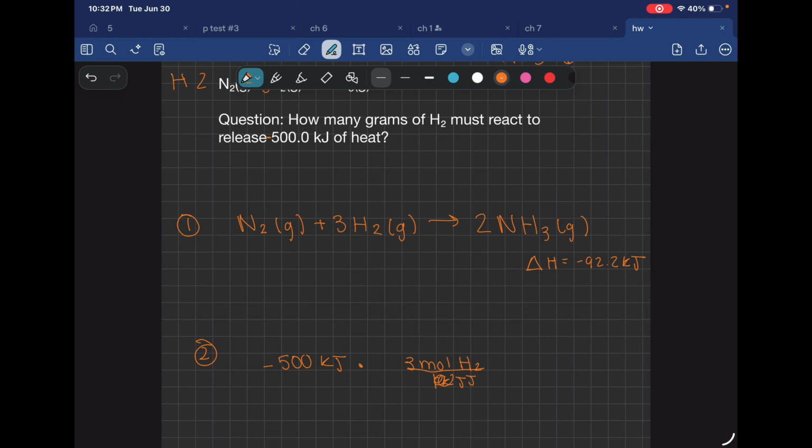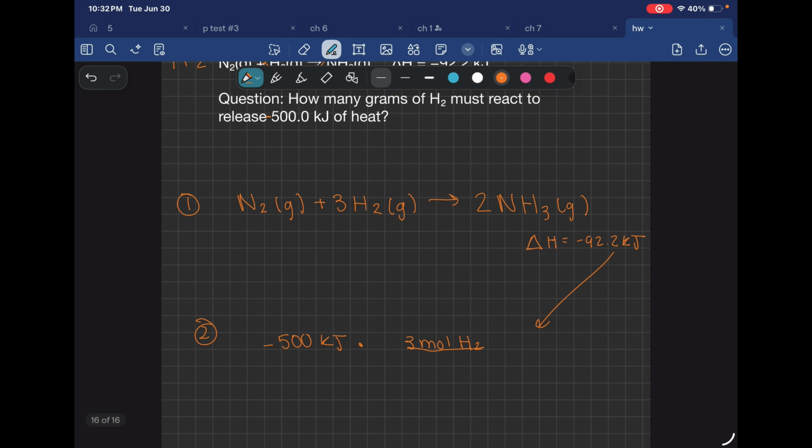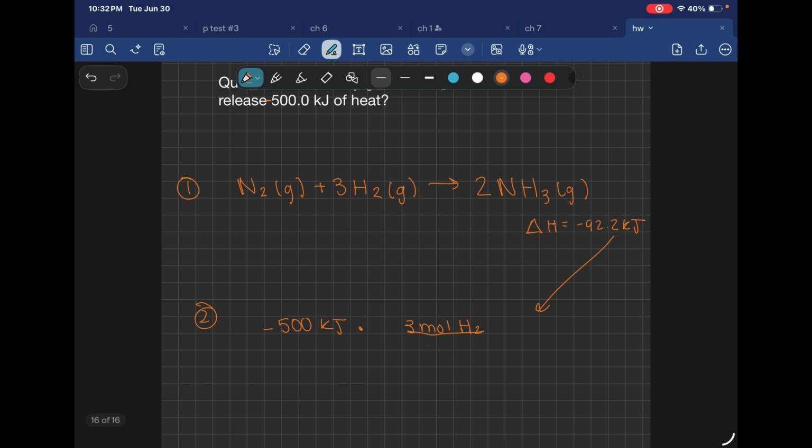Oh, sorry, that's wrong. We bring the delta H down, so we do negative 92.2 kJ. All right, and that gives us 16.27. We cancel out the kJ, and we have moles of H2. So now we have our moles.